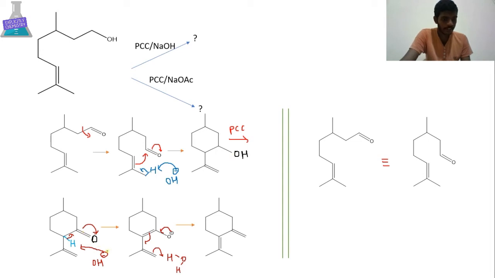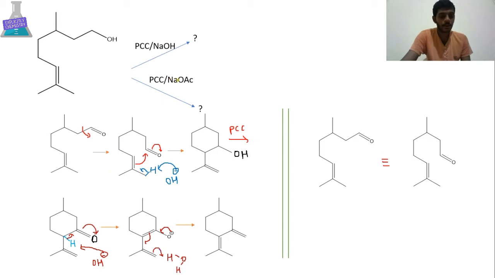Again the OH minus attacks this hydrogen and this bond moves over here, and this will come as O minus, and O minus will come over here, and this will move over here, and this will attack the hydrogen, forming the product, this one. This is the final product of this reaction if we add NaOH, which is a strong base.